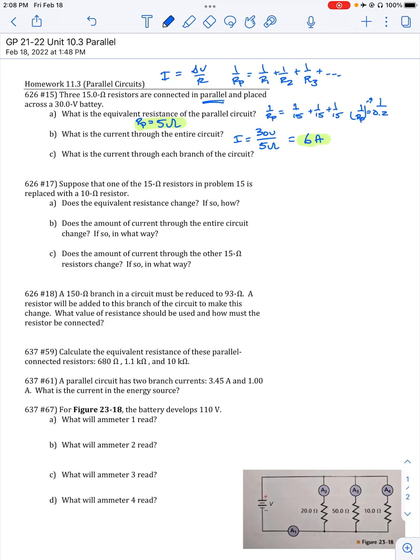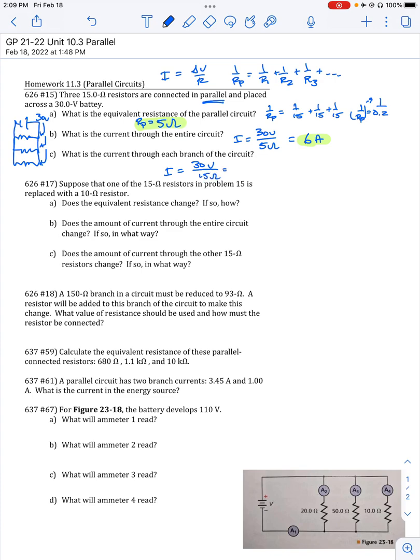Even though those are all 15 ohm resistors, that 30 volts is going to continue to run through all 3 of those. There's nothing to stop it. So if we want to know the current through each one, it's going to be 30 volts, because each one experiences 30, divided by 15 ohms.